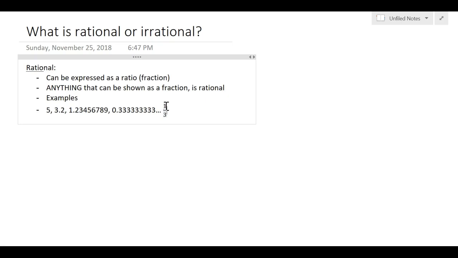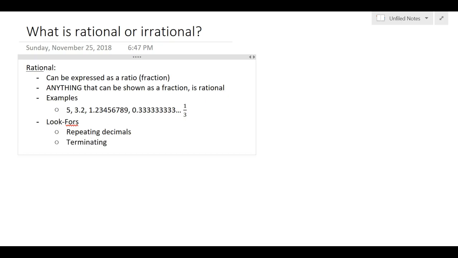The easiest way to think of this is, what are the look-fors? The look-fors are repeating decimals and terminating decimals.